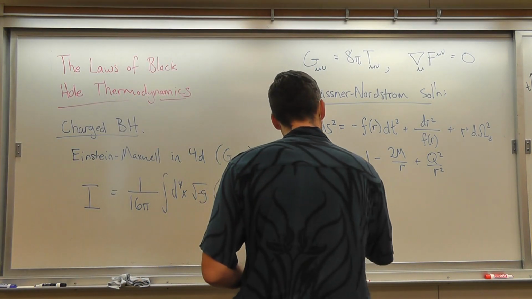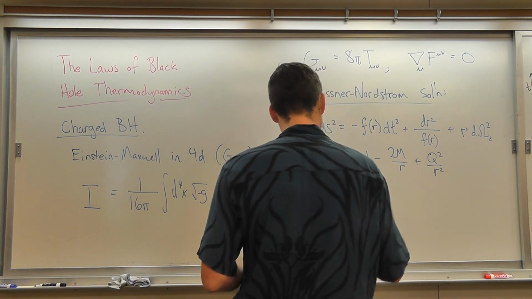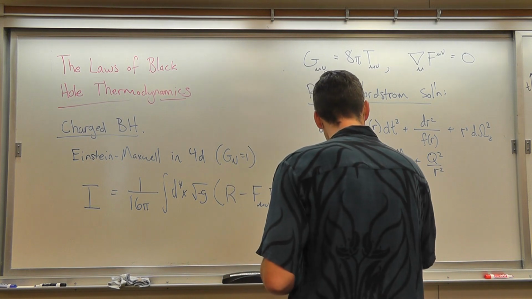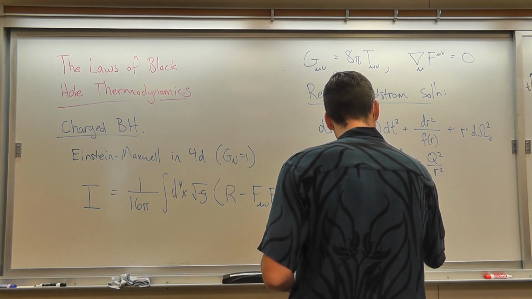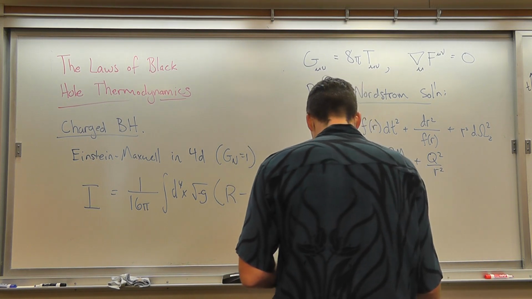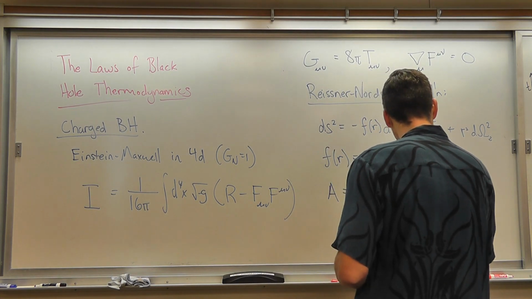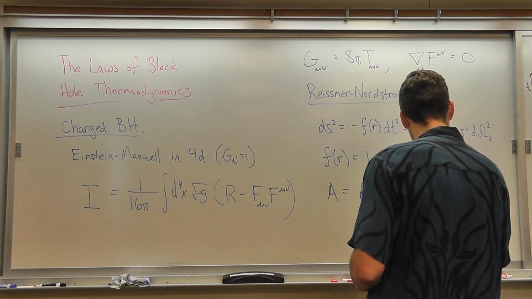The vector potential A, which I'm writing as a 1-form, so A_μ dx^μ, is minus q over r dt.